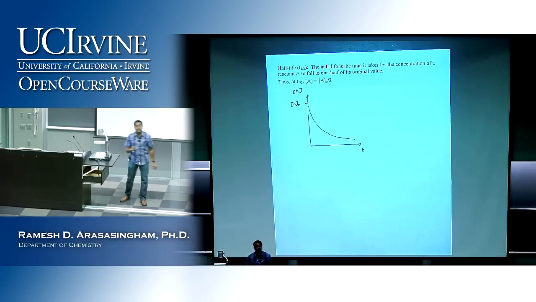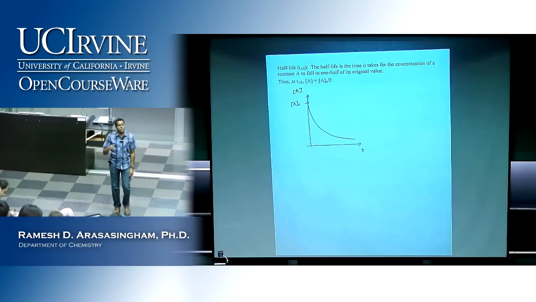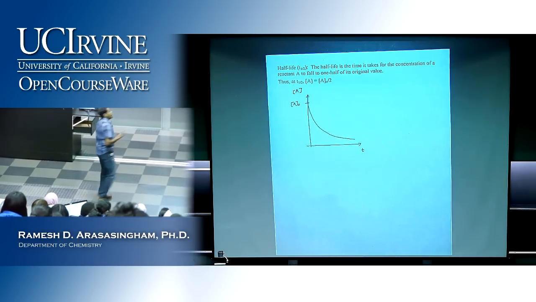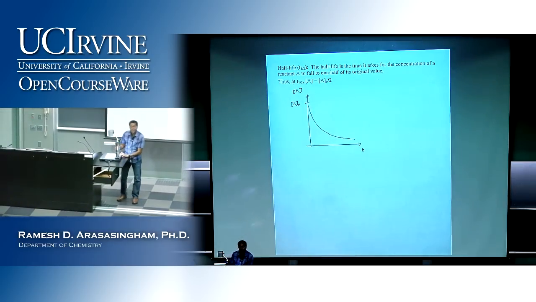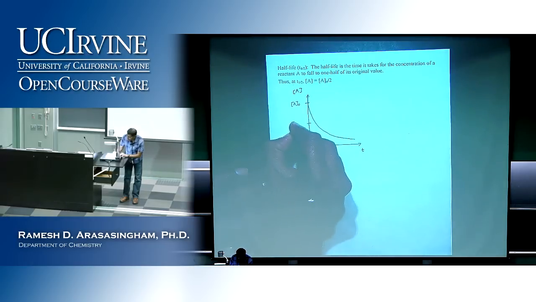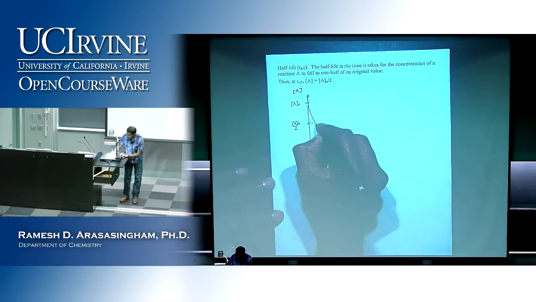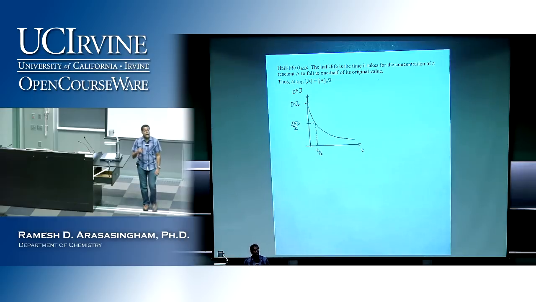So instead of plotting natural log A versus time, if you just plot concentration versus time, this is what the plot would look like. Half-life is the time it takes for the original concentration to be halved. So it's exactly half of this, half of the original concentration, and we call the time it takes T half, T subscript half, to indicate the half-life.